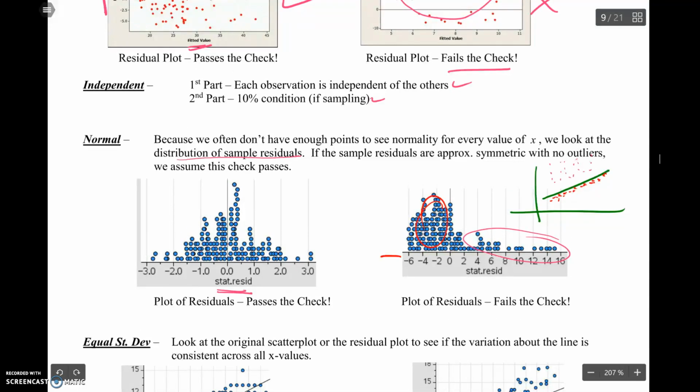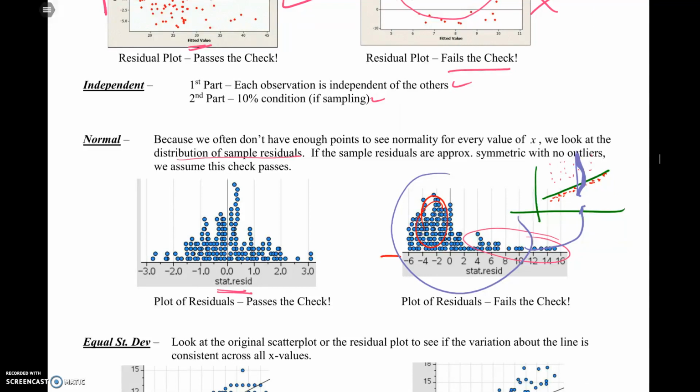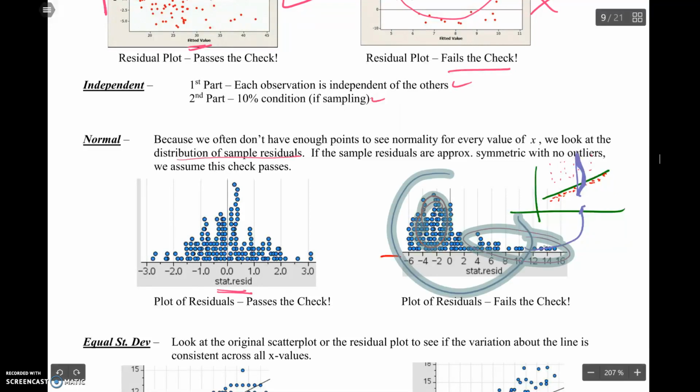What's going to happen when you get this is if you take this cross-sectional area, these are not normally distributed about the line. You see how they're skewed to the right, skewed to the positive values? So that's why checking this helps us see if these are symmetrically distributed about the line. Okay?